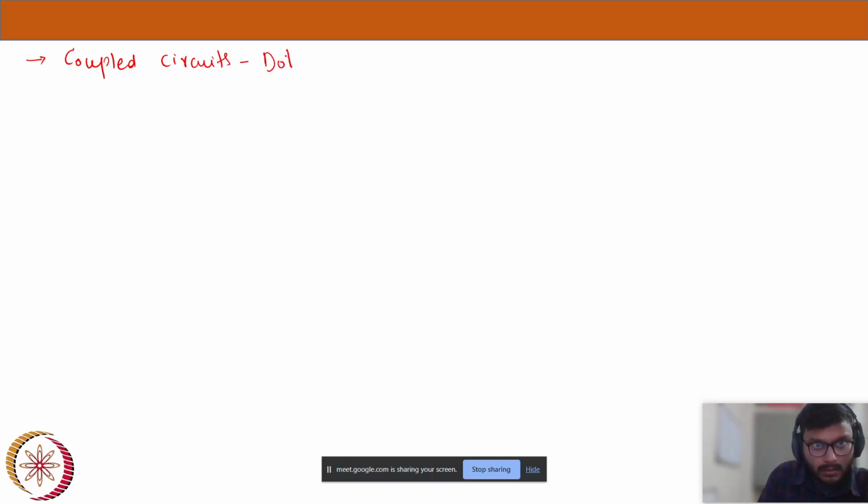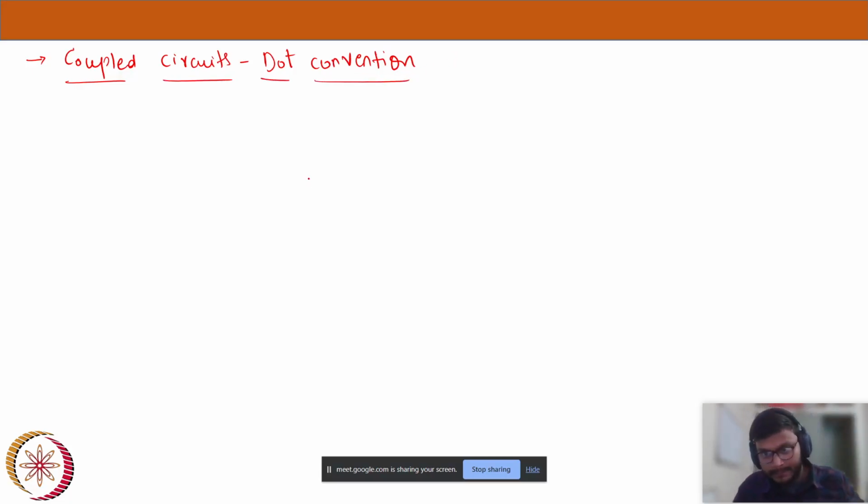Coupled circuits, dot convention. Excuse me for the handwriting, it's a bit distorted when I'm using this tab.